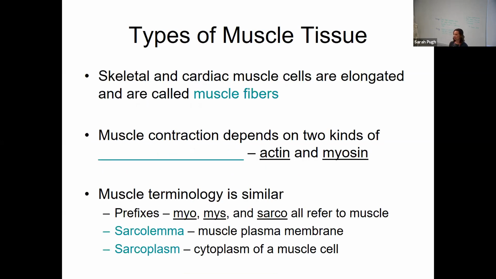So we're going to walk through some of the terminology that we'll use in this chapter. In fact, you're going to see this a lot throughout the rest of the semester and even in anatomy too. When we're dealing with skeletal muscle cells, normally if you think of an animal cell, you think of a round cell with a nucleus in the middle.